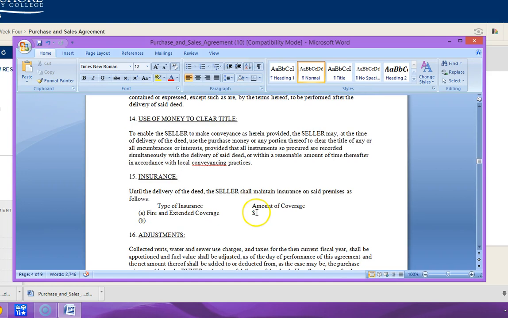Insurance is the next paragraph you really need to deal with. And basically what it says is, until the delivery of the deed, the seller needs to maintain the insurance that he has on the property.